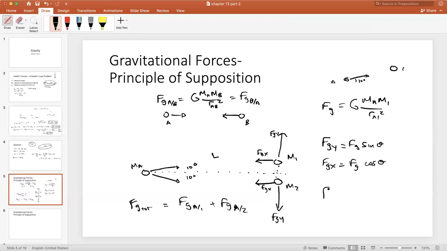So the total force of gravity in the X, if M1 and M2 are equal, is simply G times M1 plus M2 times MA over R from A to 1 squared times cosine theta.